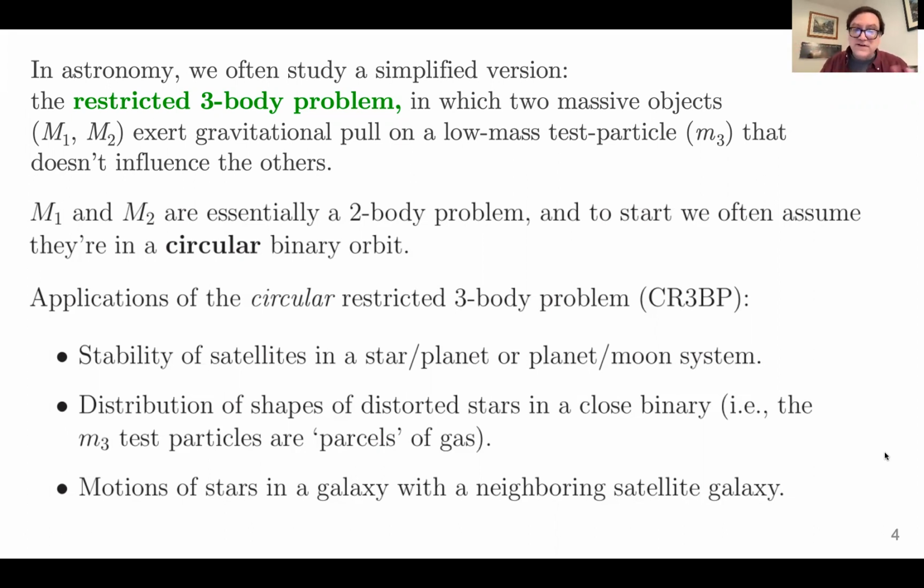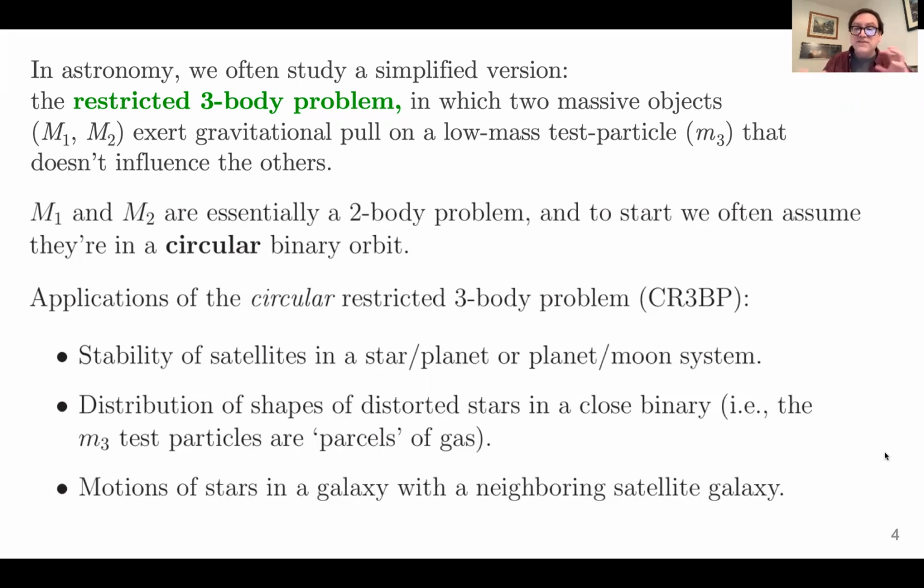The middle bullet here is another interesting special case, because we can think of this little test particle just as a parcel. When we talked about fluids and MHD, we talked about parcels of gas and how they move and what the forces on them are.